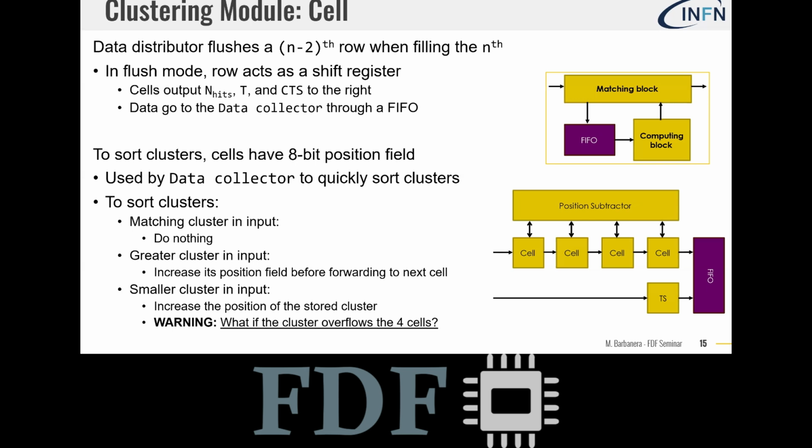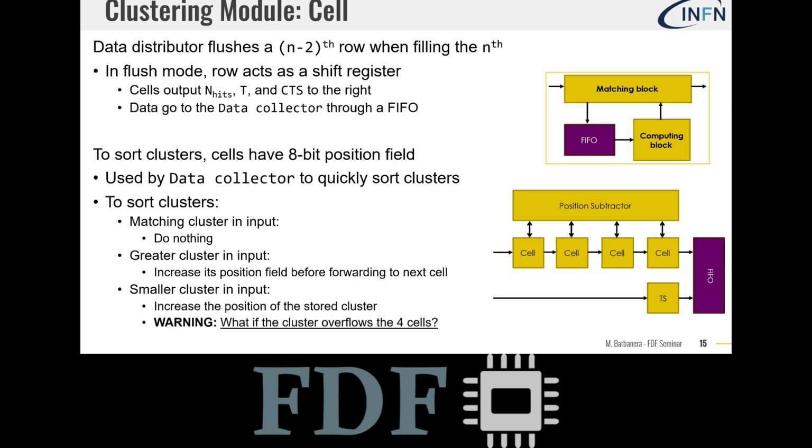We also had to take into account the sorting of the clusters, and we did this by embedding dedicated electronics into the cells that use an 8-bit position field that will be used by the data collector just to quickly sort the clusters by addressing a RAM. To sort the clusters, each cell has to check: if the input cluster matches, it just has to do nothing.